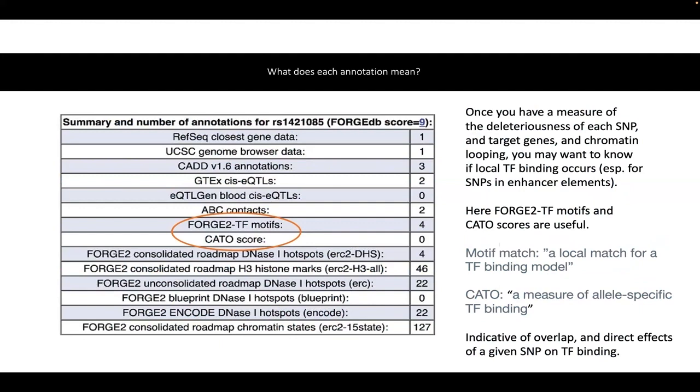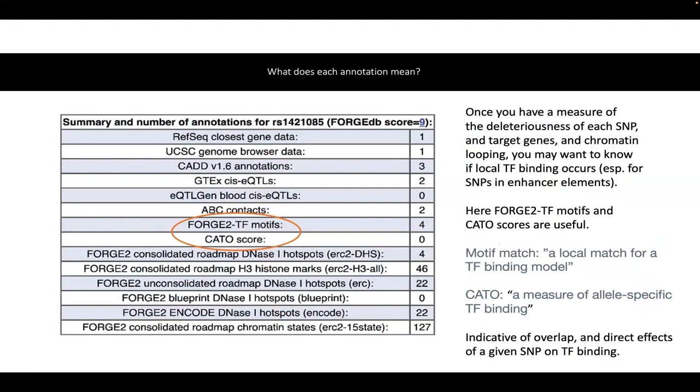And then a CATO score is just a measure of allele-specific transcription factor binding from DNase-seq. A lot of people did these large DNase-seq experiments in Seattle. I'm actually from the team that works on DNase-seq, so we're one of the two teams that do DNase-seq. The CATO score was developed as a measure of transcription factor binding within accessible regions.